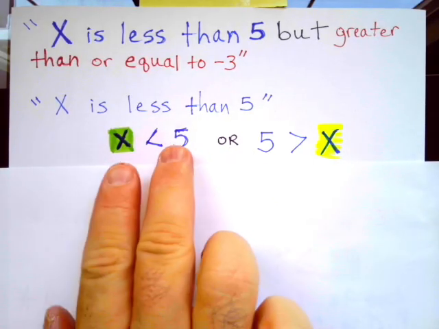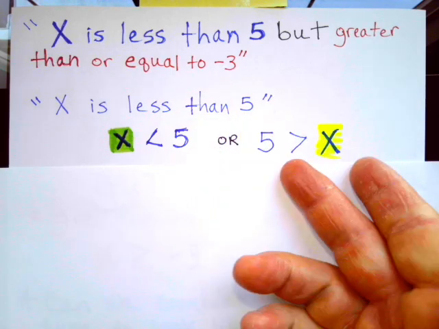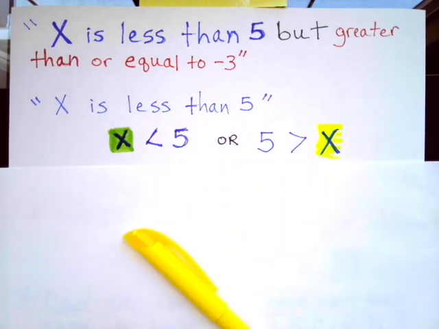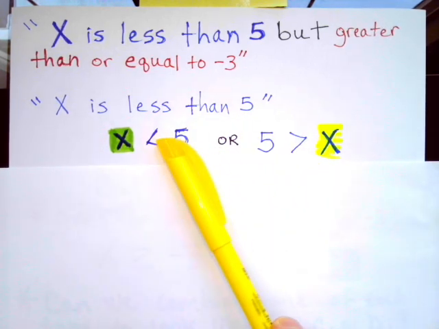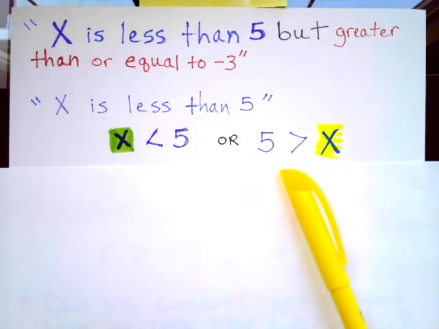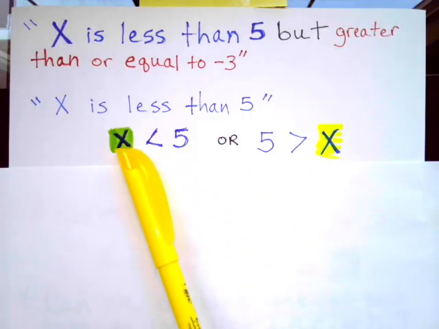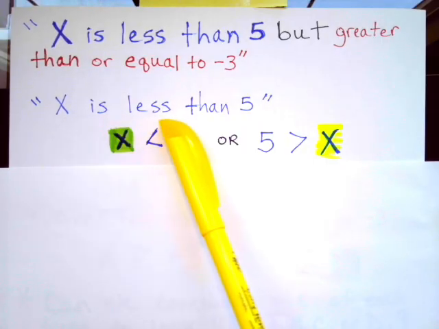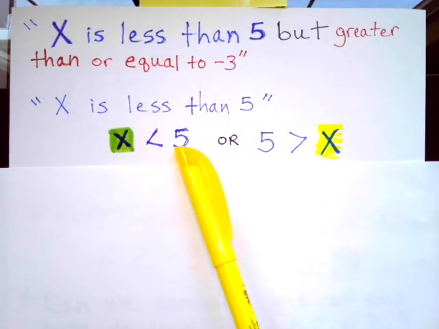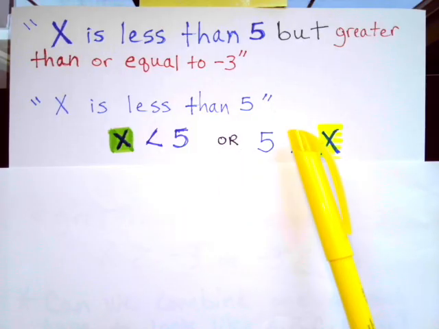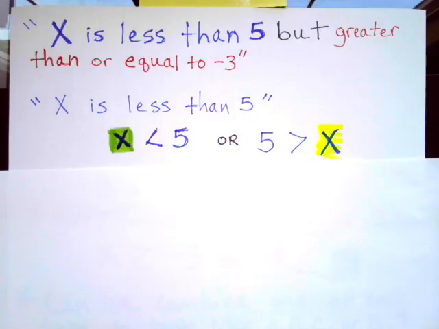Or, remember, if you took it and flipped it over, that x would remain on the right side and the inequality would change directions. You can write this either way. They both mean the exact same thing. x is less than 5, or 5 is greater than that x value.